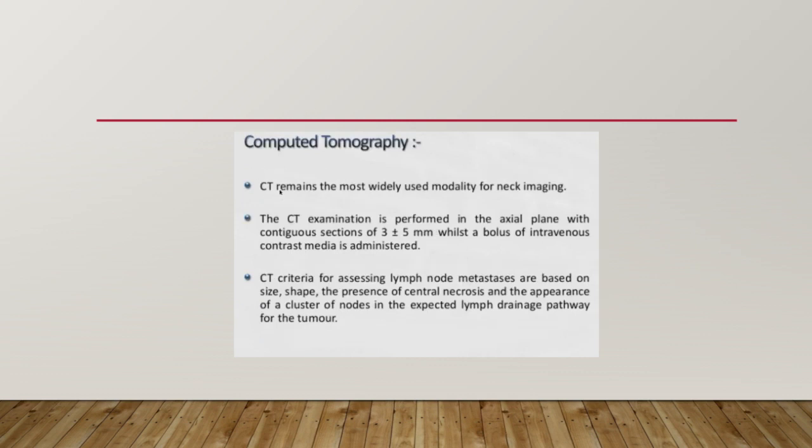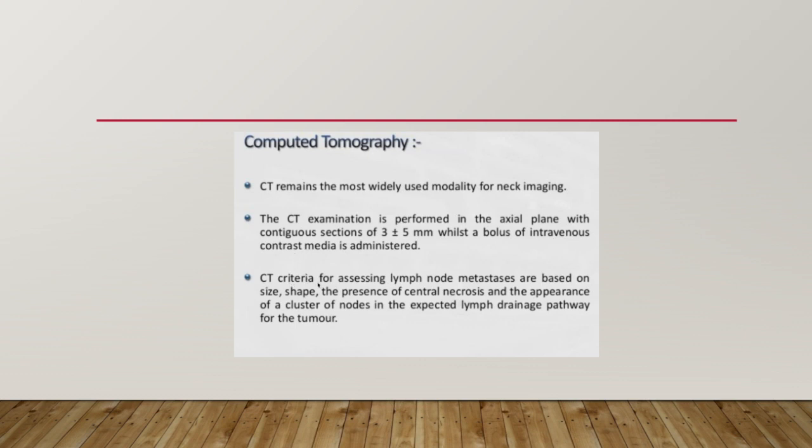CT scan is still the main modality of neck imaging, a contrast enhanced CT. The axial planes are used in 3 or 5 millimeter cuts with the use of intravenous contrast.